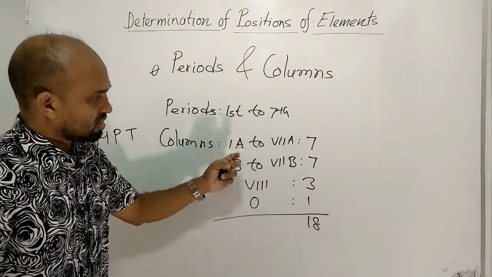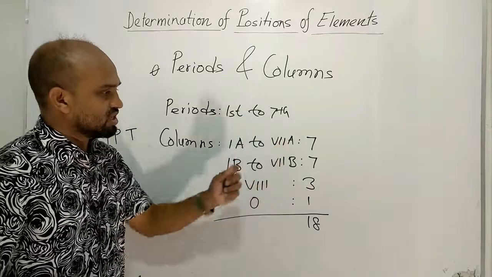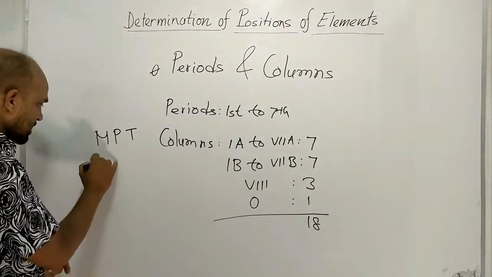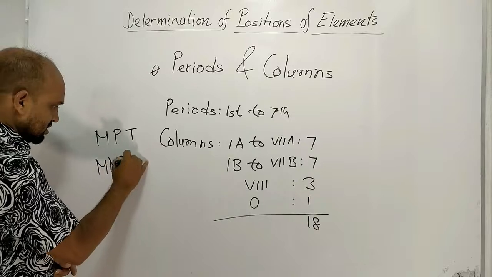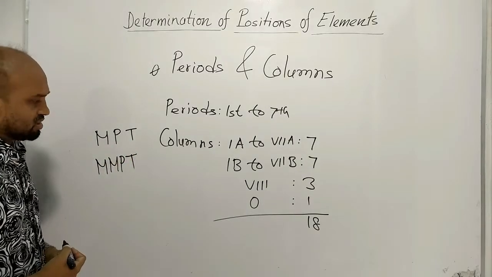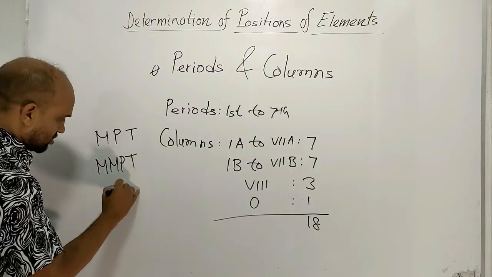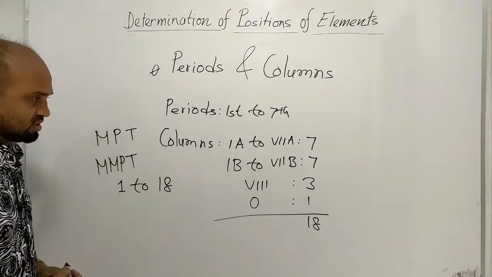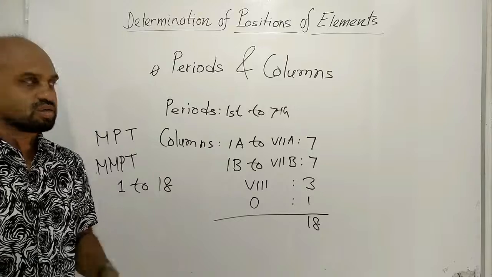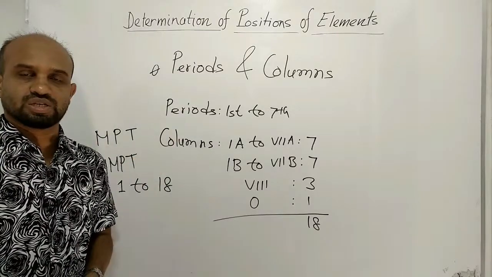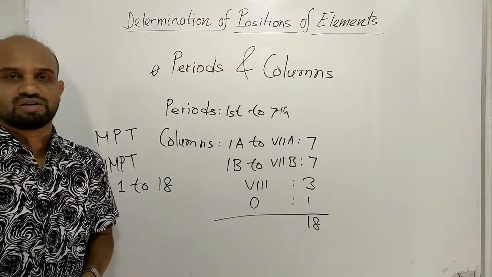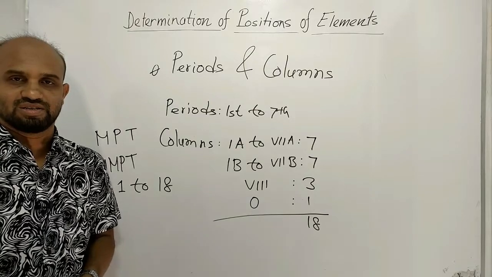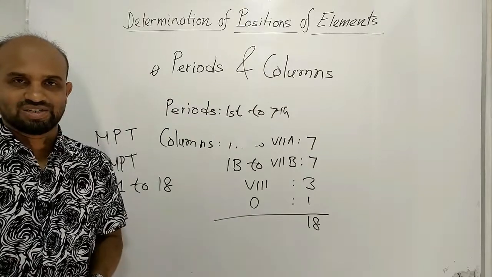That is, columns are subdivided into A and B. But in MMPT, most modern periodic table, the columns are 1 to 18 simply. This is periods and columns in MPT and in MMPT. Let's see the next point.